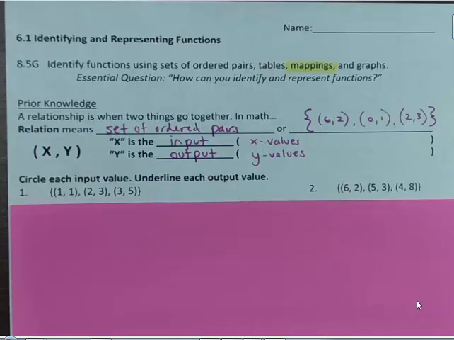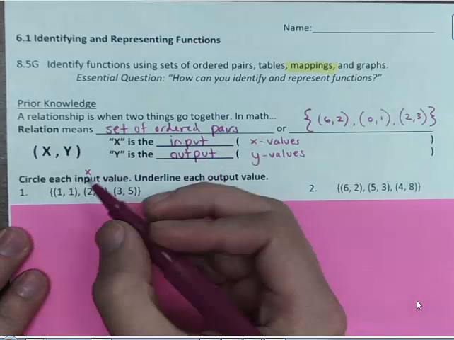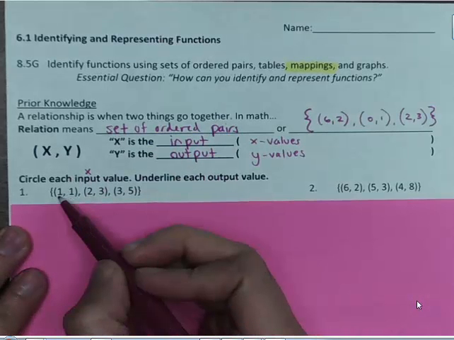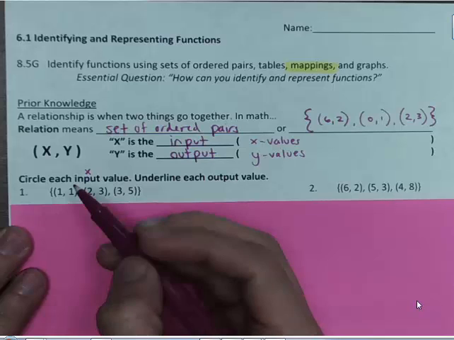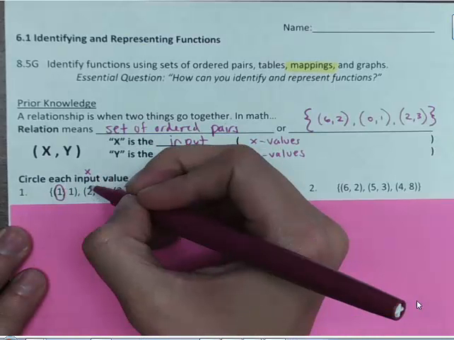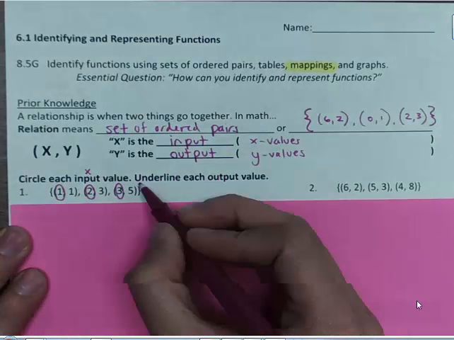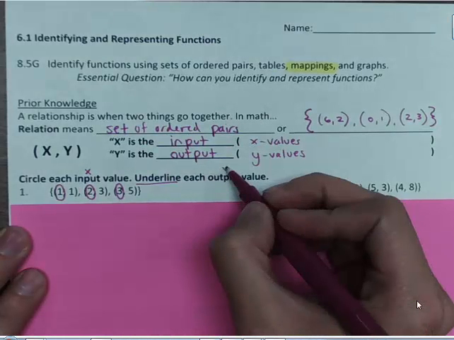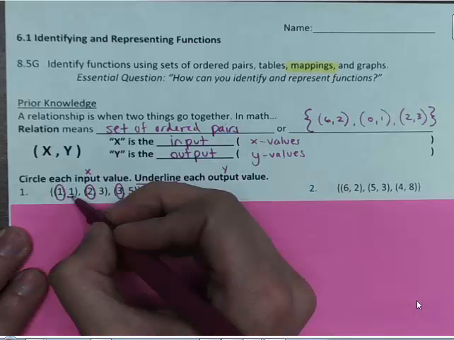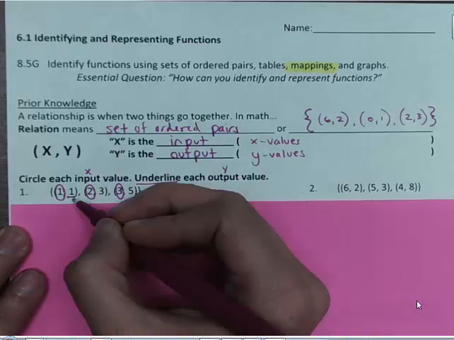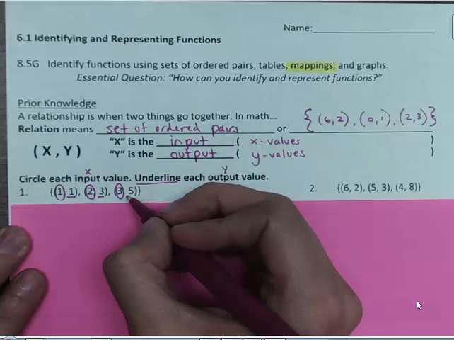For instance, this first one, again, remember input are my x values, so that's always the first value inside of our parentheses. So I'm going to circle the 1, circle the 2, circle the 3, and then I'm going to underline the output, which is our y values. So in the first set of ordered pairs, 1 is our output, 3 is our output, and 5 is our output.